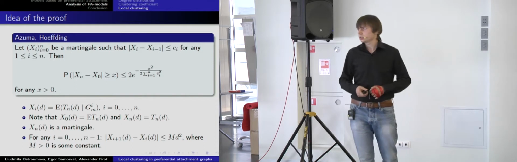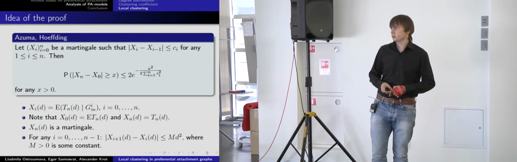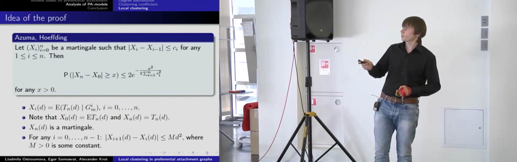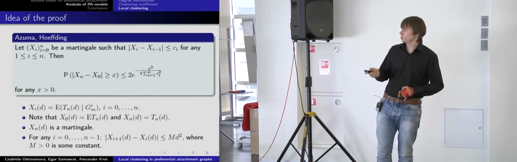It's quite clear that X_n(d) is a martingale, and to use the Azuma theorem we only need to estimate this difference.